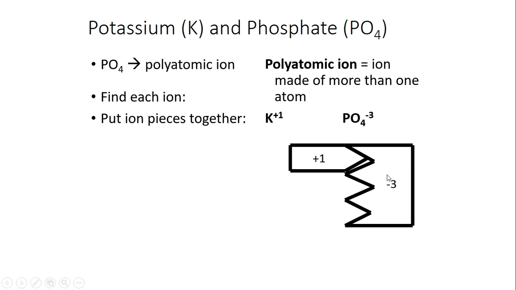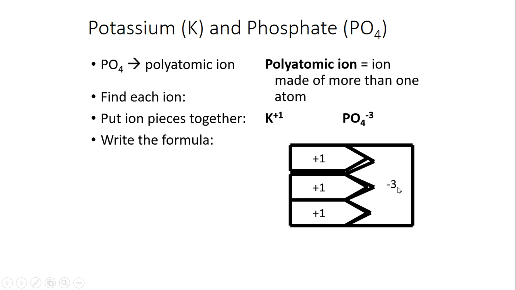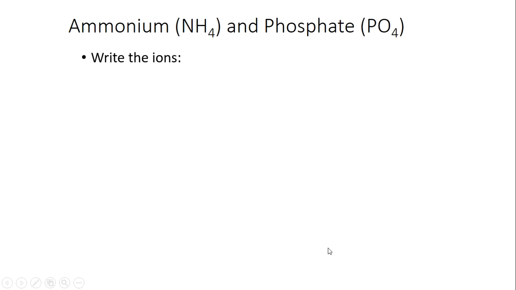So 1 is not going to be enough, because +1 does not cancel out -3. +2 is still not enough. You need 3 positive charges, so that 3 minus 3 equals 0, and everything cancels out. That means you need 3 potassiums for every phosphate ion, and that's how we would write it.